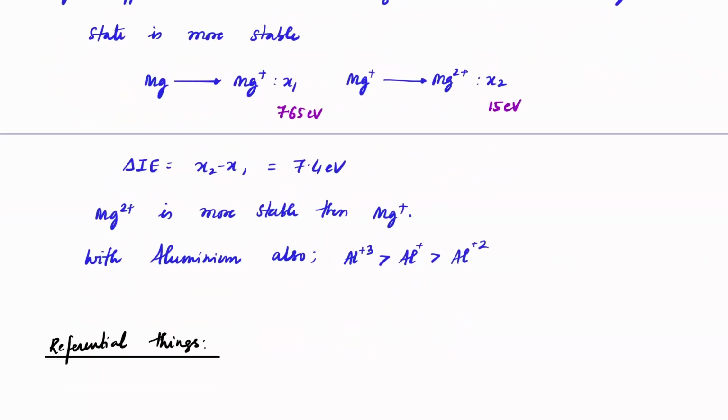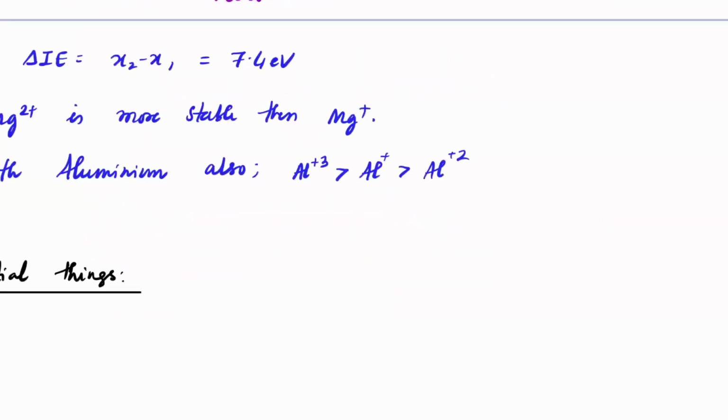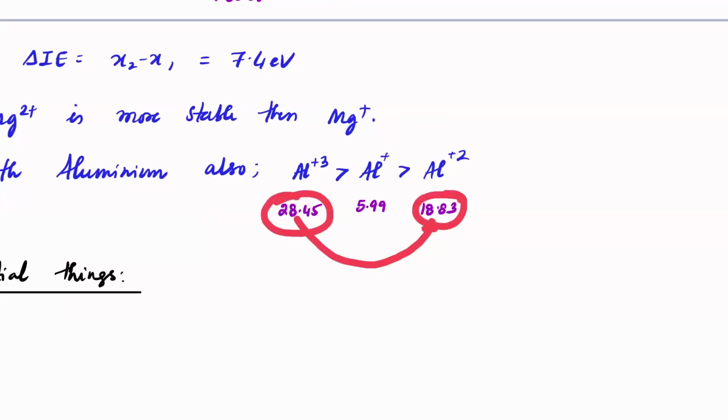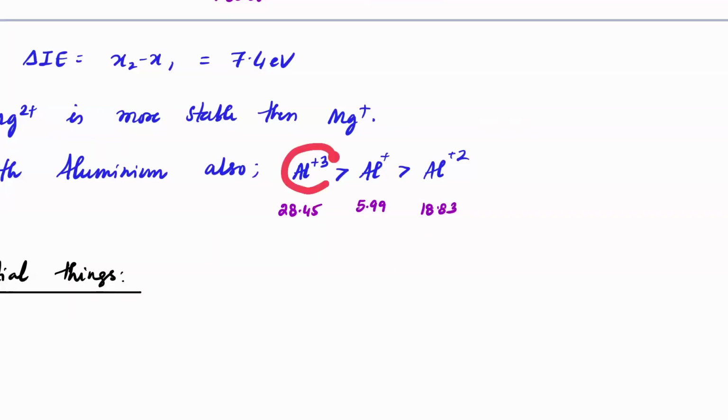Now, lastly, in the case of aluminium, the first ionization to remove the electron is 5.99, almost 6. Al2+ is 18.83 and Al3+ is 28.45. Please notice the difference here. Between these two, there is a difference of almost 10 units, in fact, almost 11 units. Like I said, if the difference is more than 11 units, then the higher oxidation state is more stable.